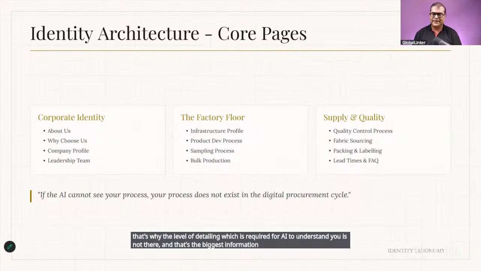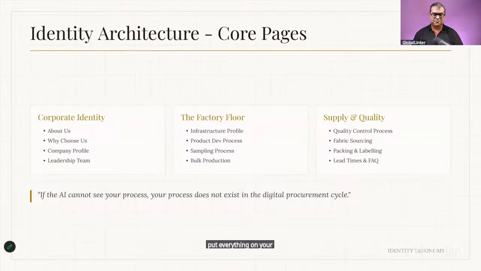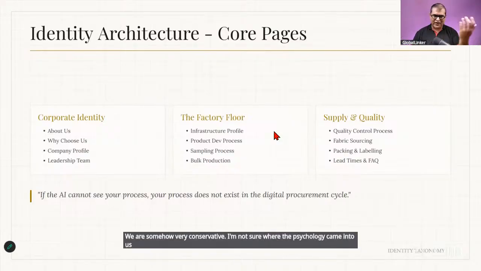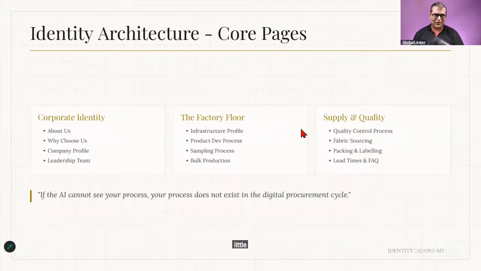This is where you have to literally put everything on your website. And we Indians are somehow very conservative. I'm not sure where that psychology came from, but it is across the board. I've reviewed thousands of websites of exporters, and almost everyone I came across was a little conservative about talking about themselves.